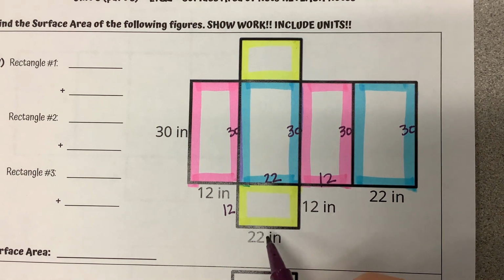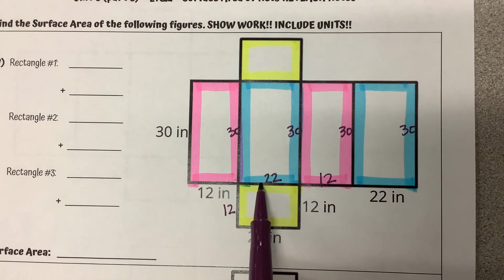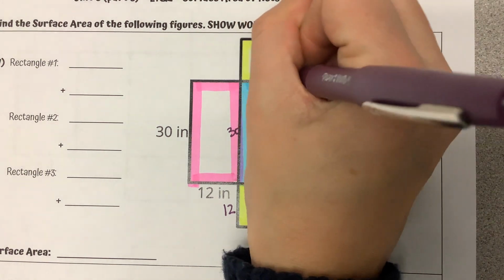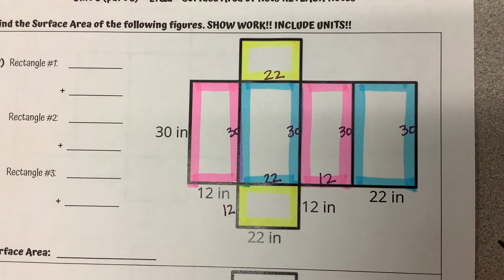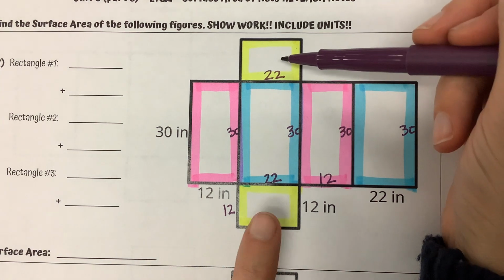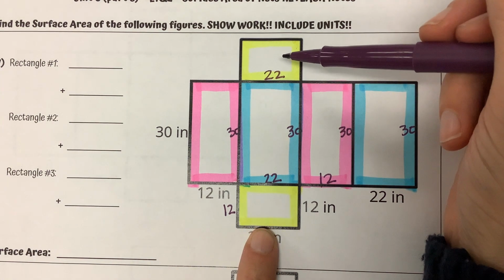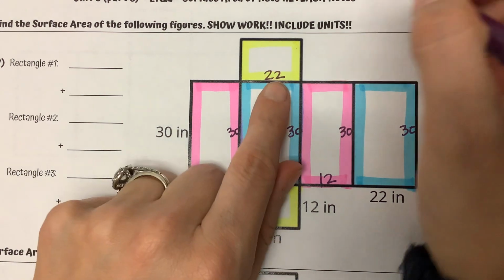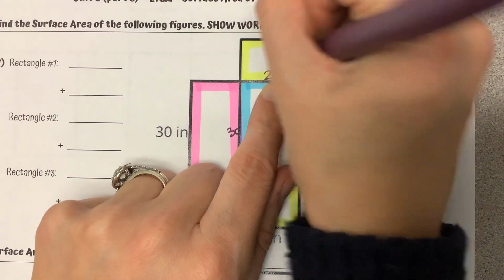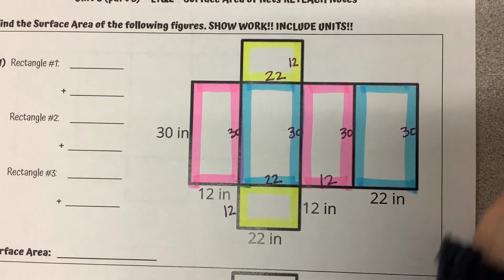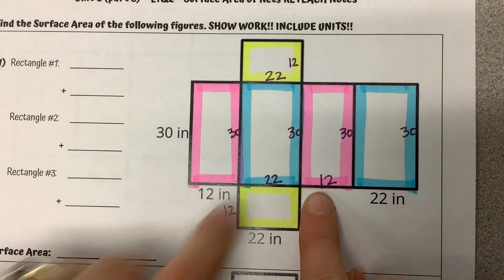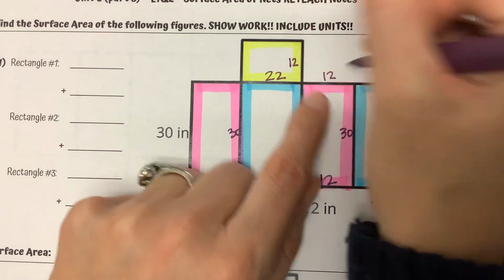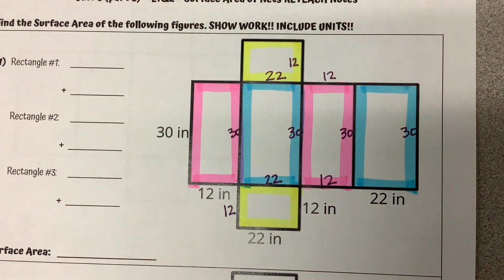For our base, if my bottom is 22, that means this is 22, which means this is 22. And then again, these bases should be equal to each other. So this base is 22 on the bottom, 12 for the height. Which makes sense, because if this rectangle is 12 on the bottom, it's 12 on the top, and these two fold into each other.